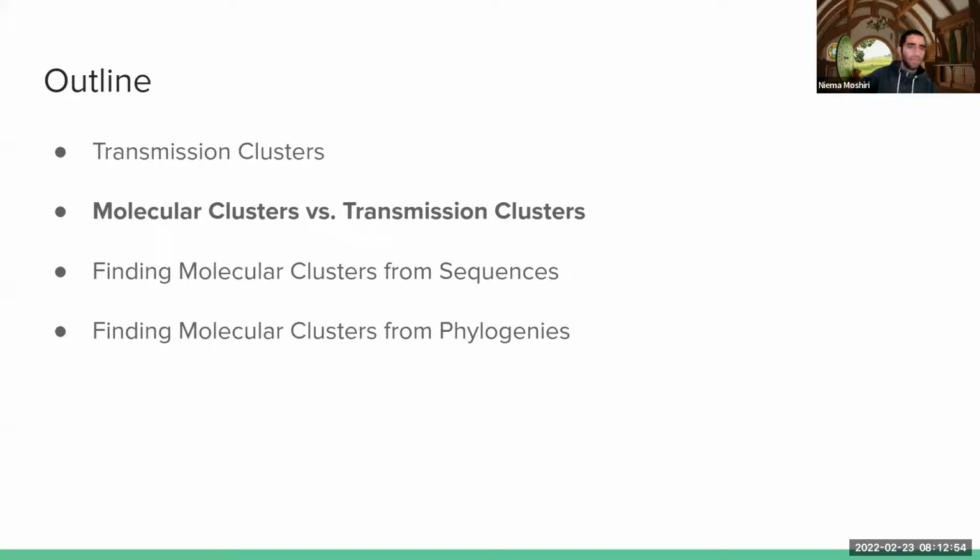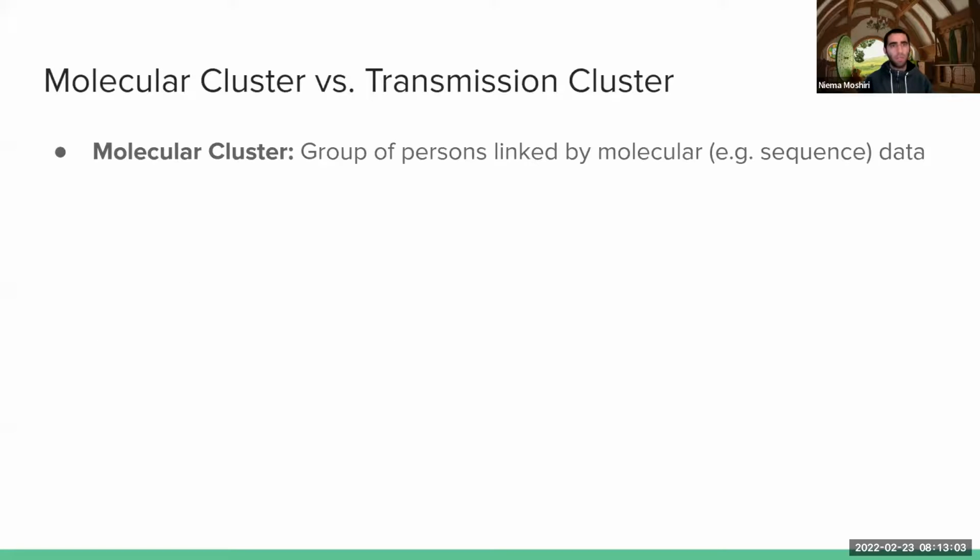Okay, so the next section, I'm going to introduce a term called molecular clusters, and I'm going to distinguish it from the term transmission clusters that we just talked about. A molecular cluster is a group of persons linked by molecular data. And for our purposes, molecular data is pretty much always going to be viral sequence data.